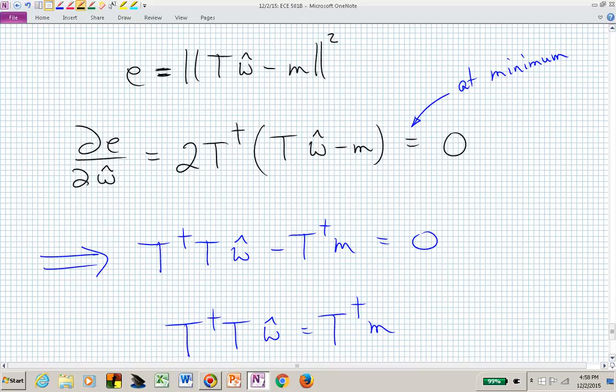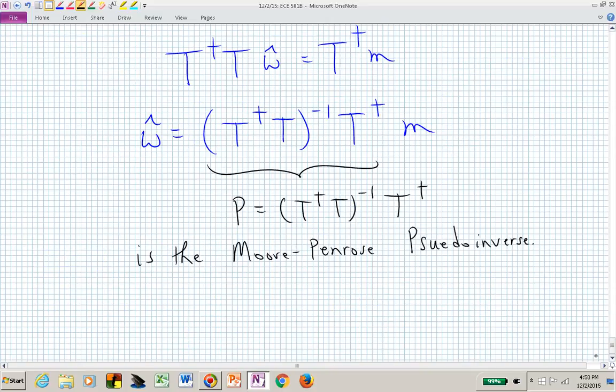We can't divide by 0 in the matrix case. So this T dagger, we can't just divide it out. Its inverse doesn't exist. T didn't have an inverse, so its adjoint won't have an inverse either. But it's very possible that T dagger T will have an inverse. And that's what we're using to find our best estimate, W hat. And now this pseudo-inverse is a collection of 3 operators.